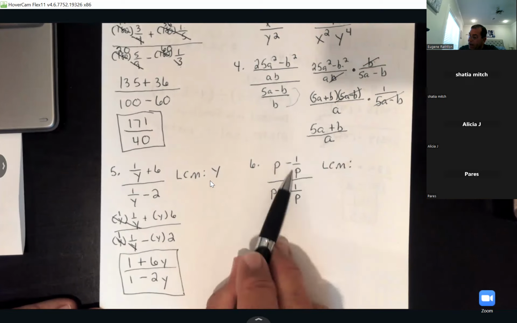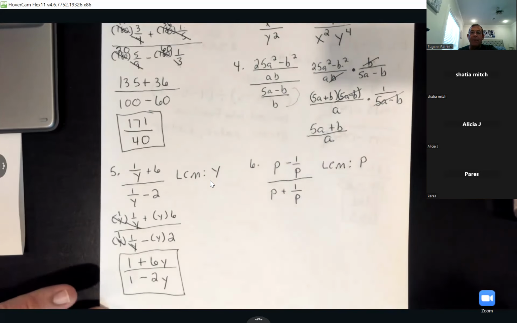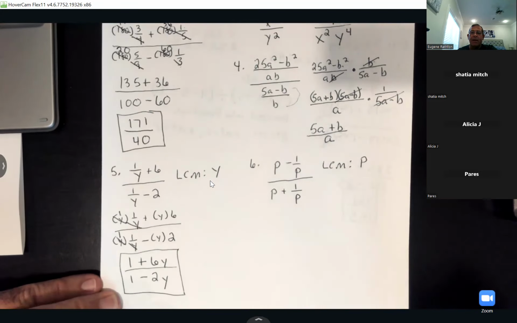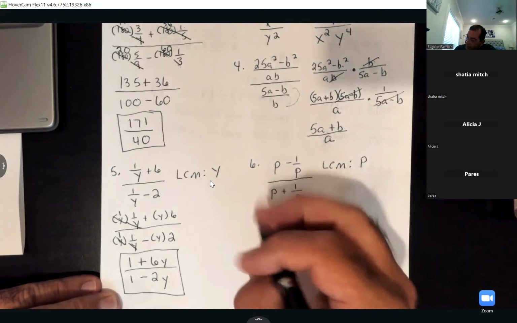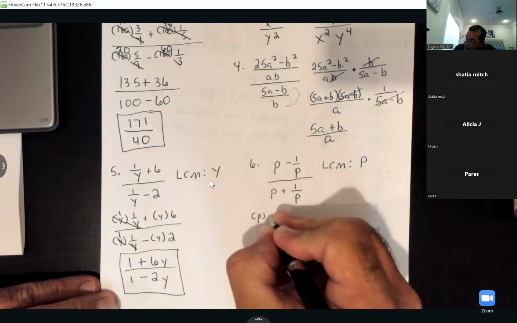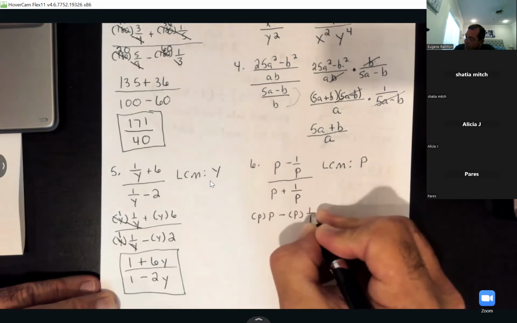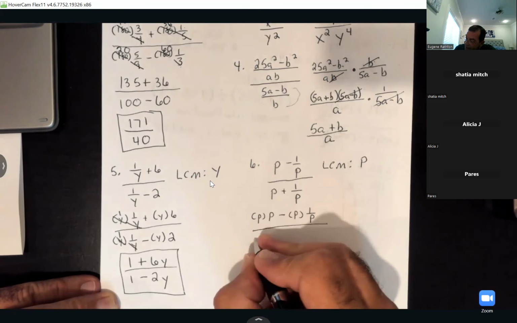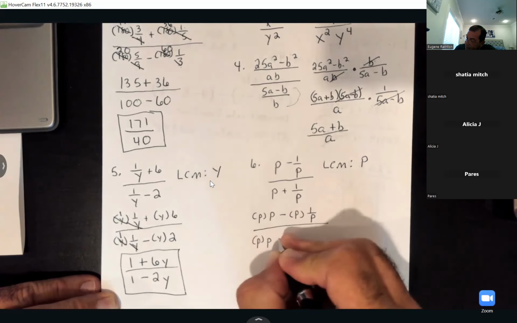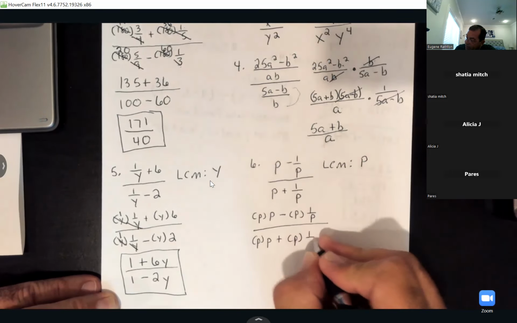The only thing in the denominators is a single P on either fraction, so my least common multiple will be that P. But y'all, now multiply that P times all 4 parts. So we'll have P times P minus P times 1 over P, all over P times P plus P times 1 over P.